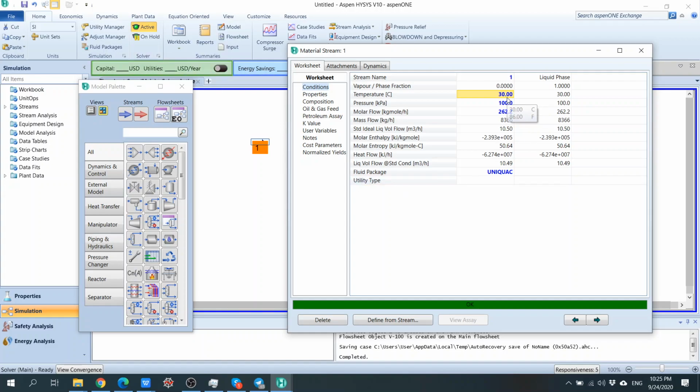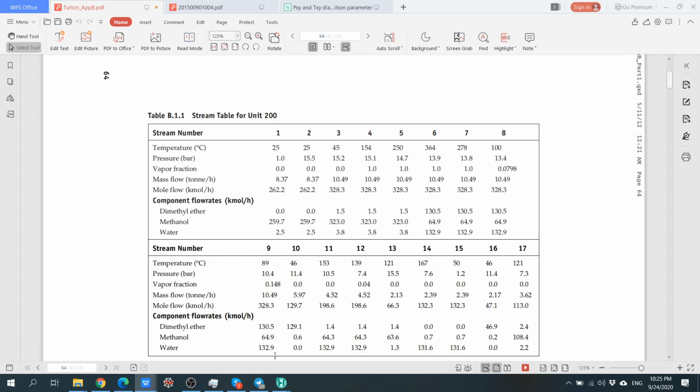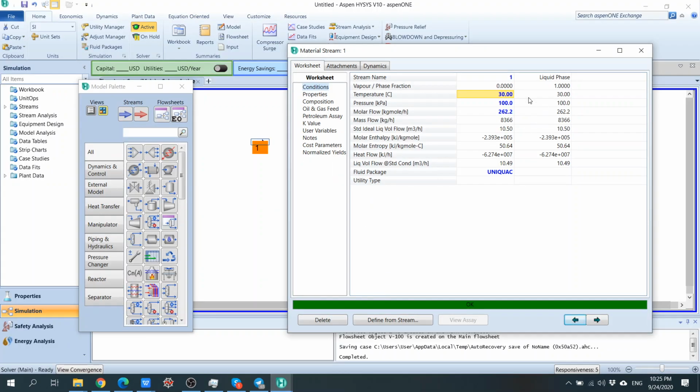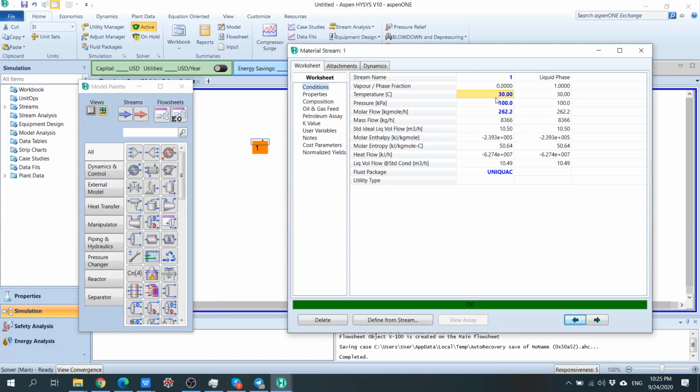So now let's see. If we put 25 degrees C and 1 atm, it's all liquid phase. This is 0, but we don't know whether this is saturated liquid or subcooled.